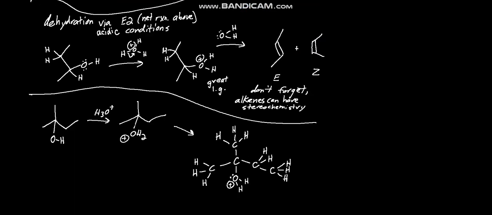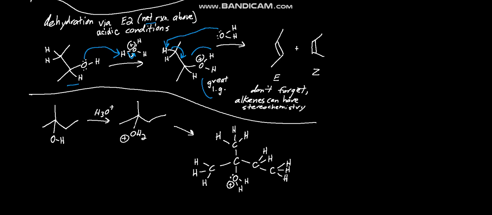Okay, so under acidic conditions, we saw above the net reaction where water can be removed. So if you start with an alcohol like this, and it is protonated in acid solution as we see here, then we have, remember, our good old great leaving group. Great leaving group. So at this point, you can have E2 elimination, for example, where a proton here is removed.